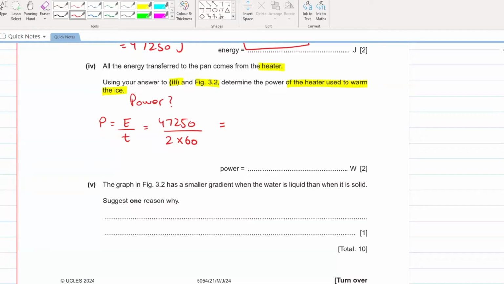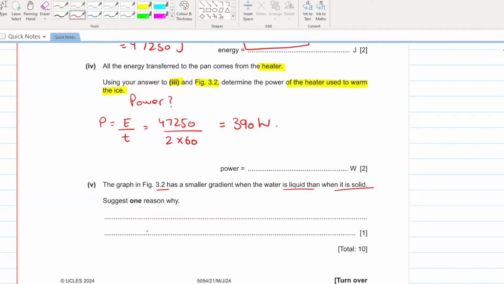What will the answer to power be? The answer to power comes out to be 390 watts.